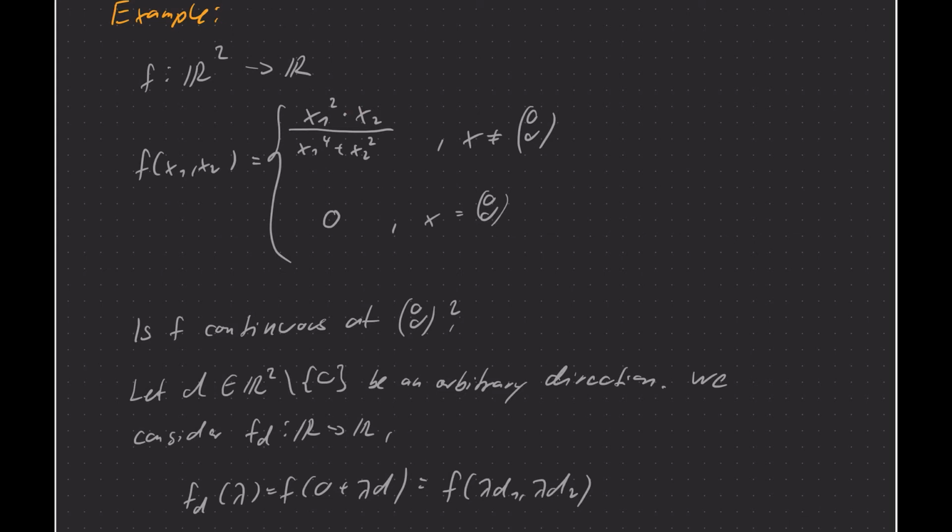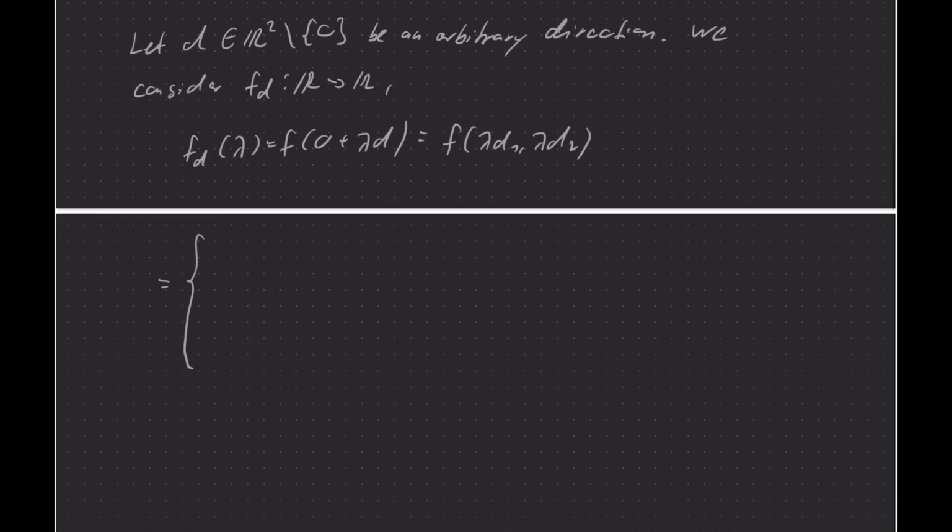What we get here is, in the numerator, x1 is lambda d1, so we get lambda squared d1 squared, and x2 is lambda d2, so we get lambda squared d1 squared times lambda d2, that is lambda to the third d1 squared d2.